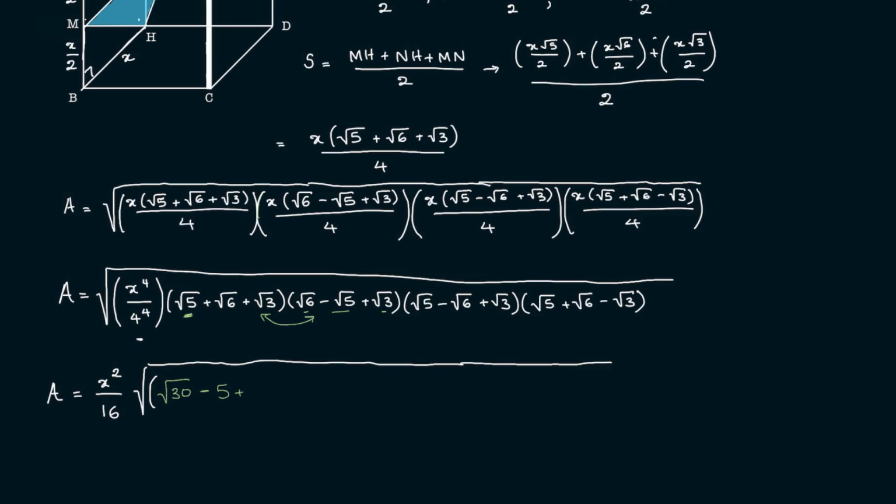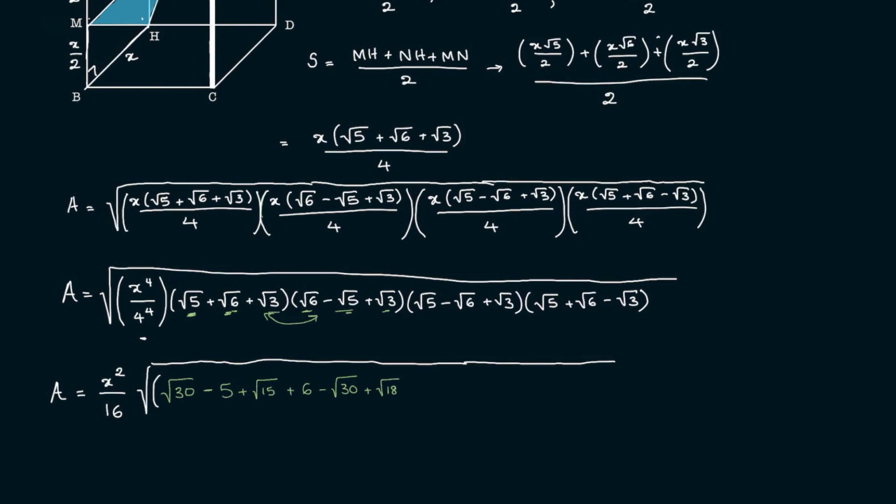Then root 5 times root 3, which is root 15. Next, root 6 times root 6 is root 36, or just 6. Root 6 times negative root 5 is negative square root of 30. And root 6 times root 3 is root 18.